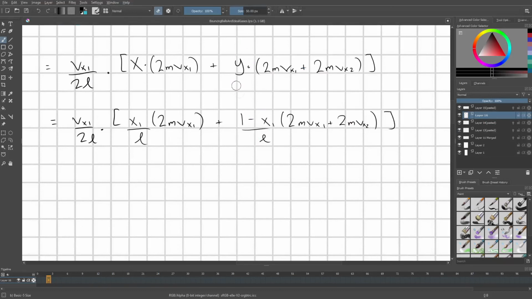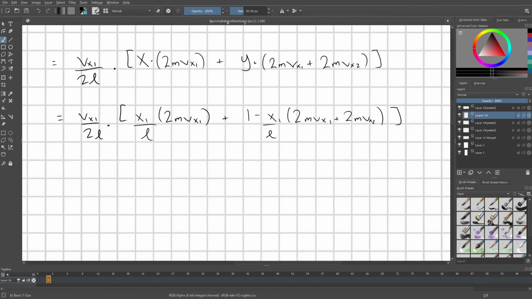Oh, and whoops, it looks like I put that fraction bar a bit too far over. There we go. Okay, sweet.